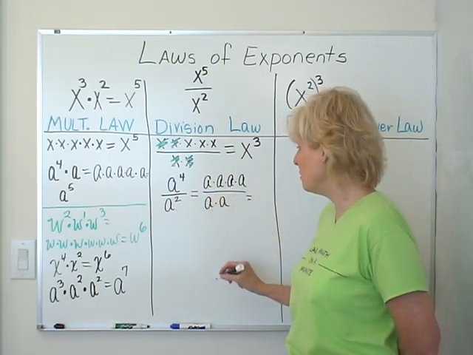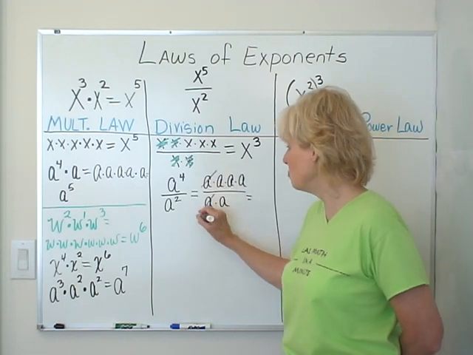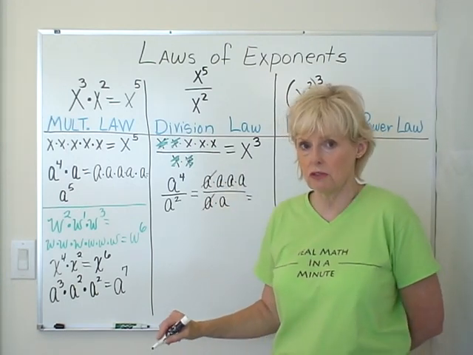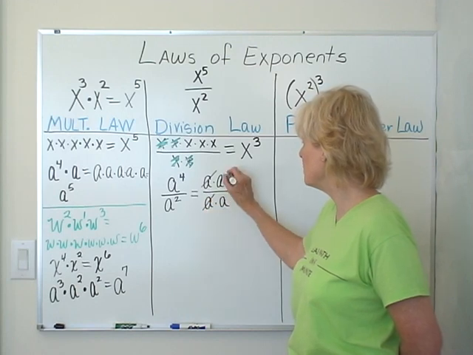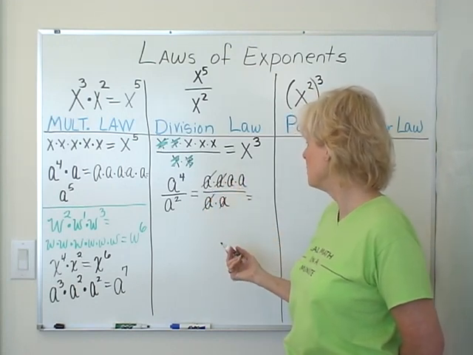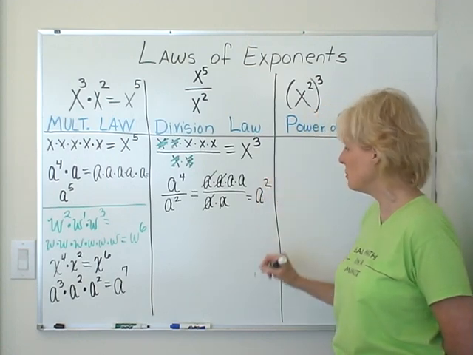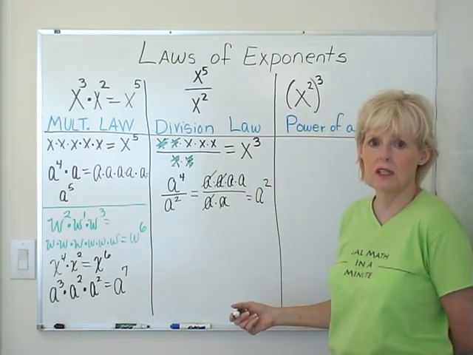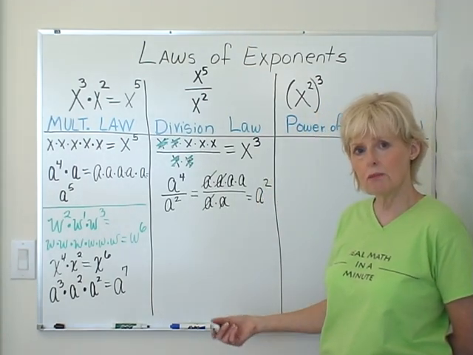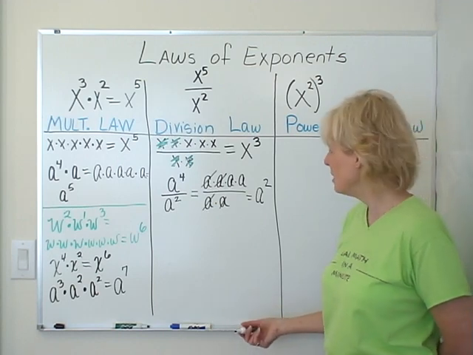And then we cancel, because we want to always simplify as much as we can. So a over a and a over a is 1. So then all we have left is a times a, which is better written a squared, a to the second power.